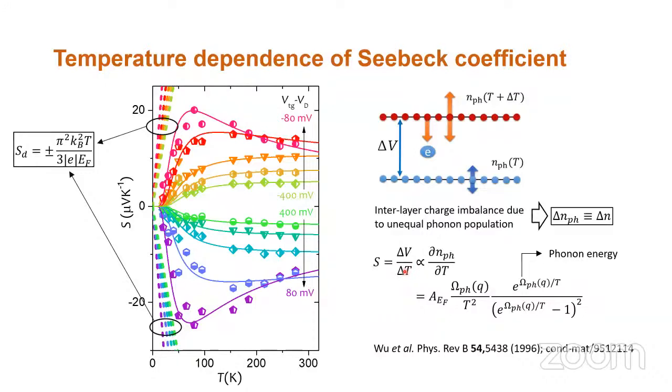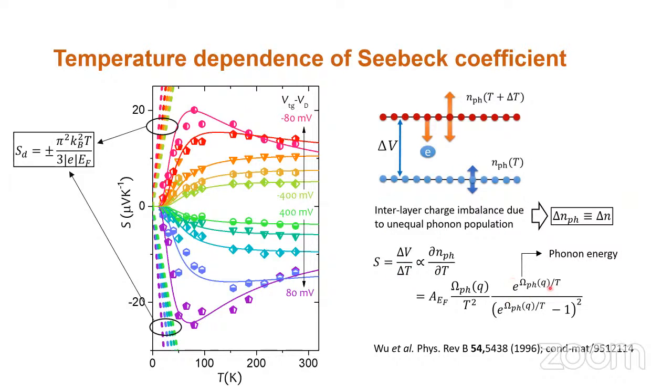It's a very easy, back-of-the-envelope calculation, where you can show that S is nothing but the derivative of the phonon occupation number itself. All these lines that you see here are nothing but this equation fitted with just one parameter. Well, two parameters, because we have the energy coming out as well. This is nothing but the derivative of the density of states of the phonons.